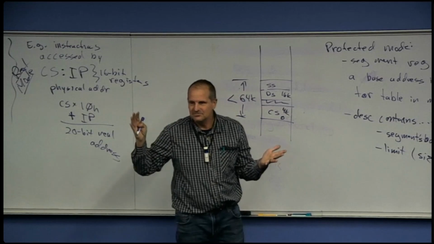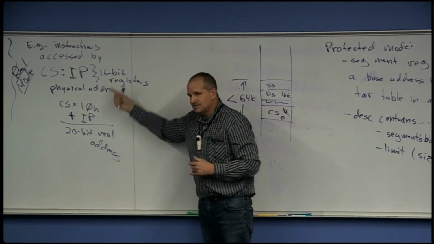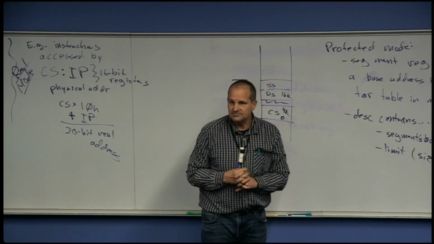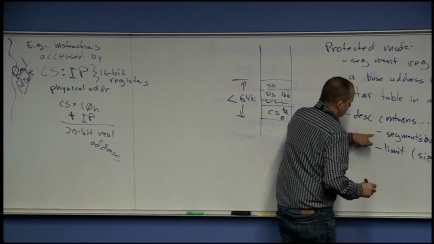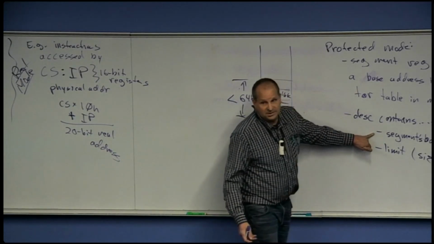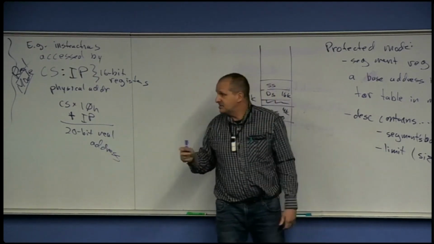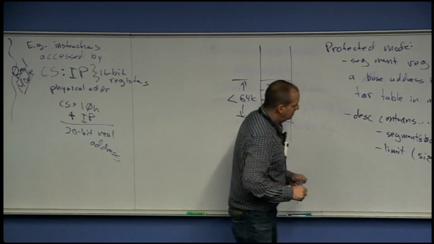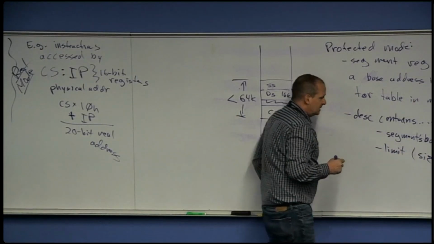So do you see that automatically handles the fixed size problem? The base address is where it starts. That's the same thing as what the segment register did in real mode. So the limit is kind of like the size of the block in memory.